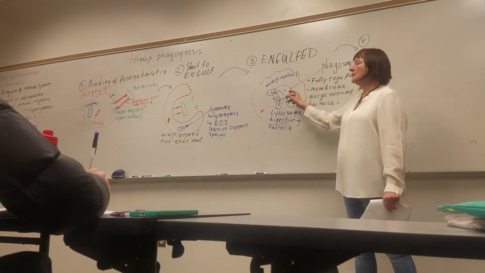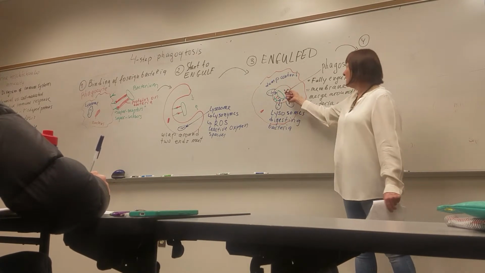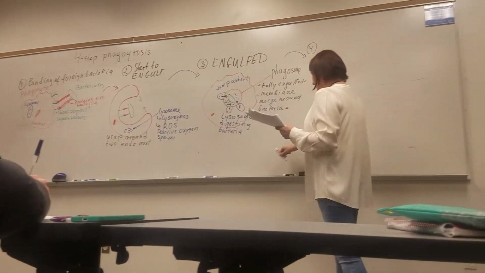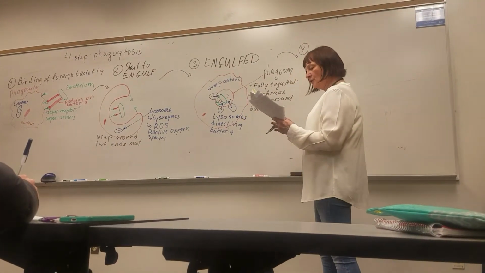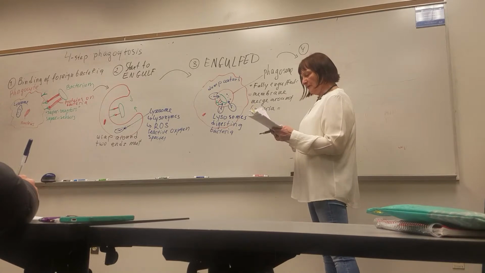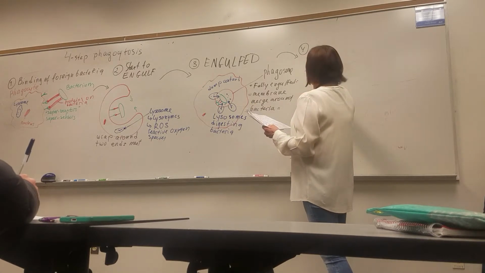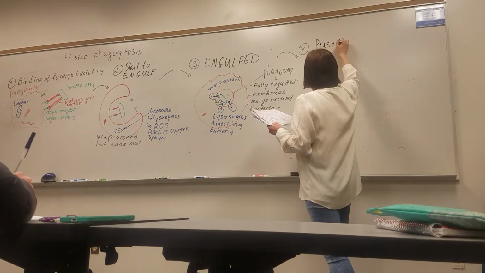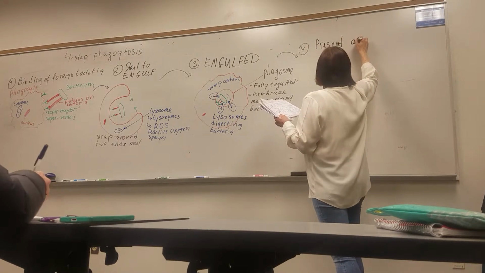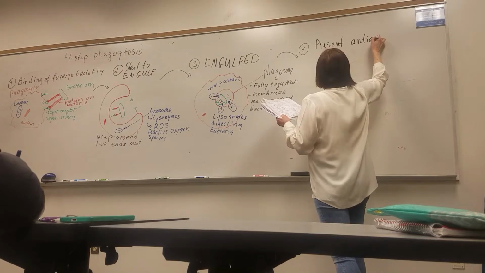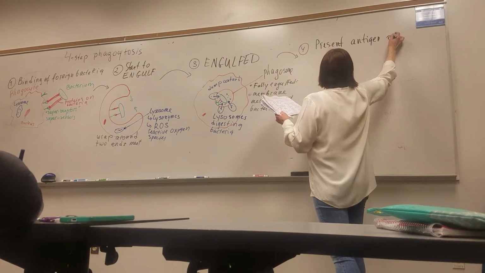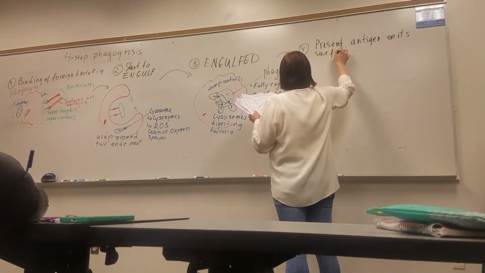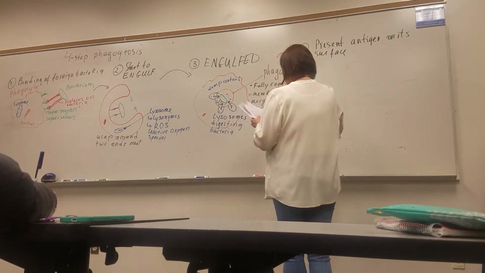They start lysis of the bacteria inside the phagosome. And it comes to the final stage, the fourth step of phagocytosis. Let's call it presenting antigen on its surface. You mean the surface of the macrophage.